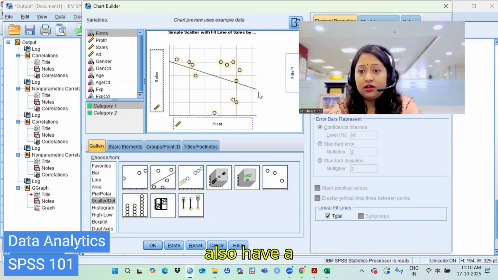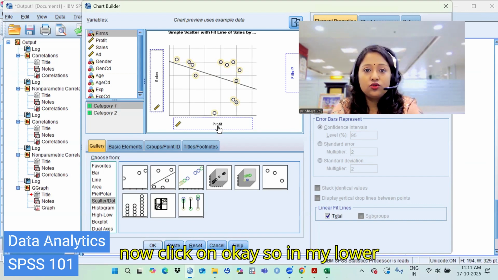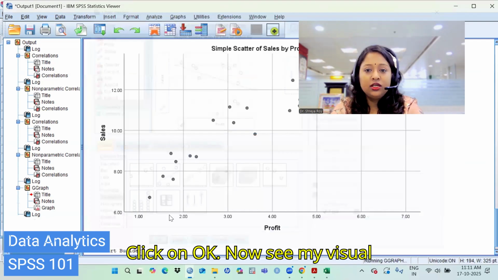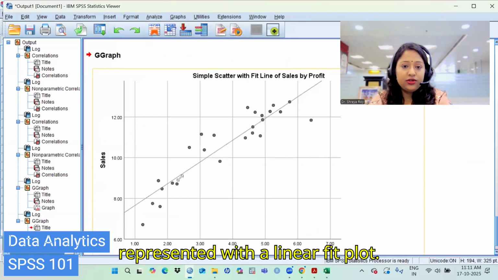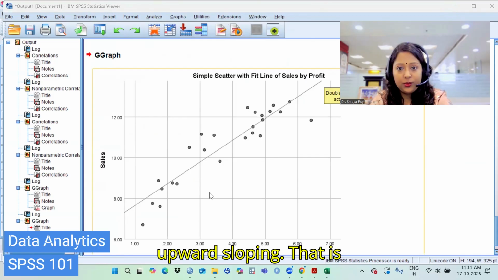In which you also have a linear fit. Now click on OK. In my lower axis I have profit and here I have sales. Click on OK. Now see, my visual representation is also being represented with a linear fit plot. Now we can tell very easily that it is upward sloping.